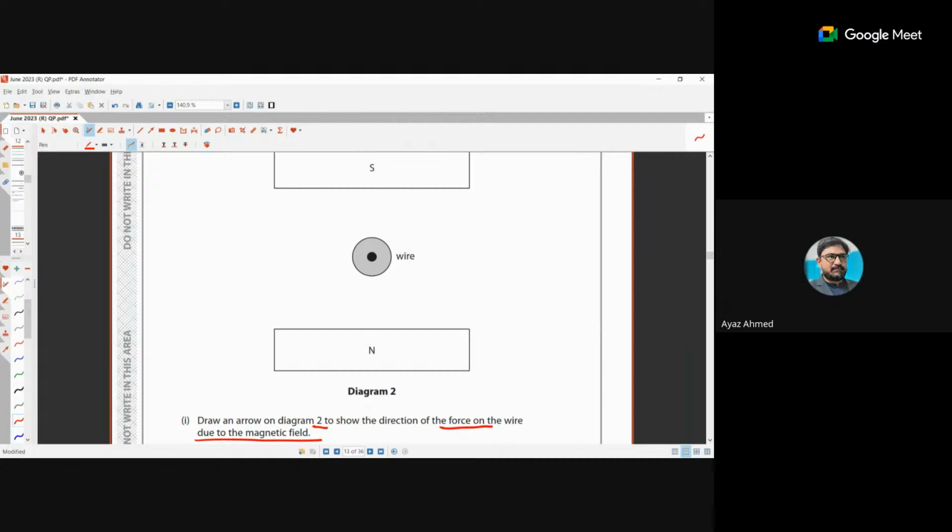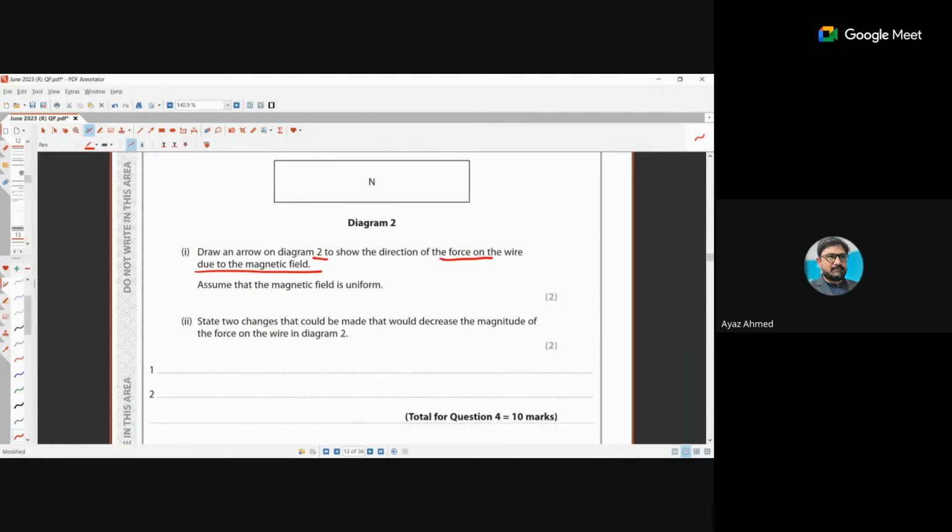That means you have to show the direction of the arrow towards the left. This is the direction of the force produced by the magnet, due to the two magnetic poles. Assume that the magnetic field is uniform.